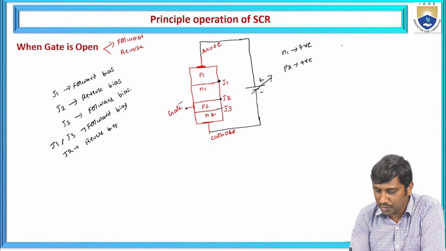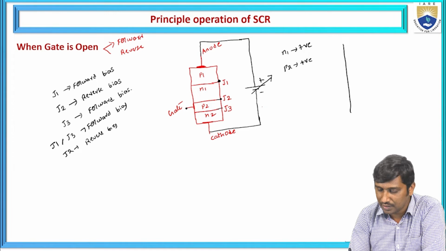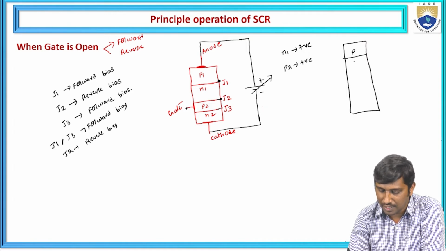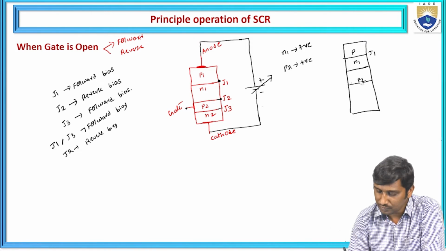So hence, I'm going to redraw the structure. This is the P1 and N1, this is the J1 junction, and this is P2 and N2.